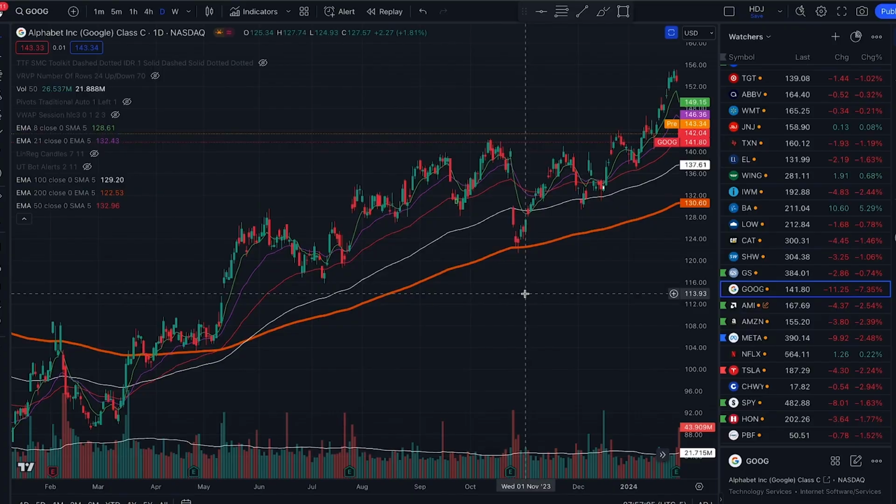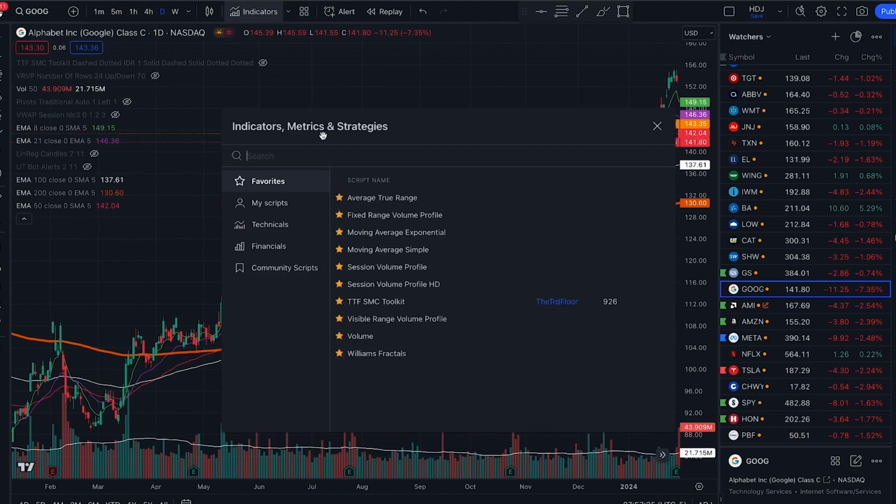All right. So indicators. Now let me just show you something else as well. This is the daily chart. Now I want you to add this indicator as well. UT bot alerts.